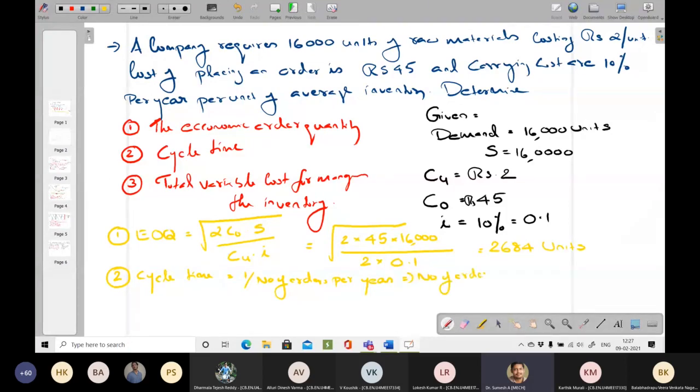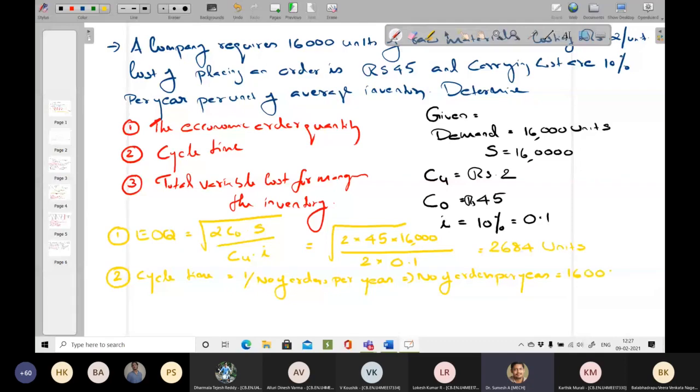The total demand is 16,000, and every order requires 2,684 units. So 16,000 divided by 2684, you will get the value as 6. So you have to place 6 orders per year.